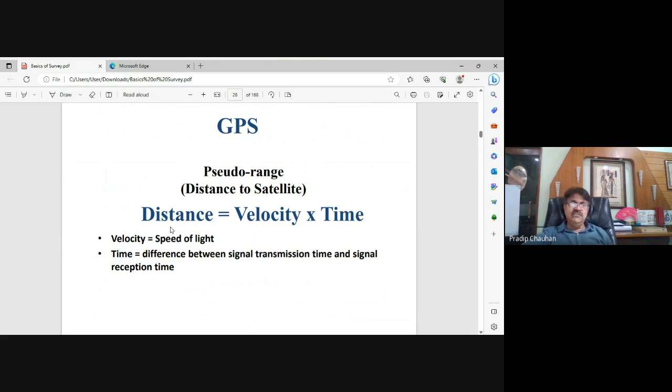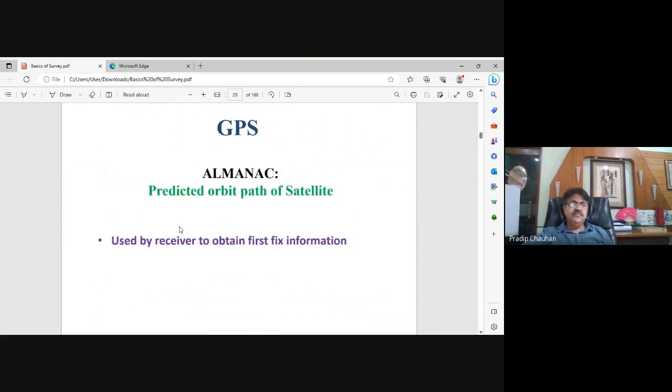That distance we consider kinematic because your satellite is also moving, your Earth is also moving. So a lot of corrections are required to that distance, and thereby we are trying to know our own position, at what XY coordinate, or northing and easting, we stand and at what altitude.